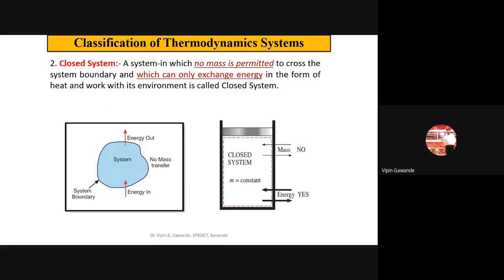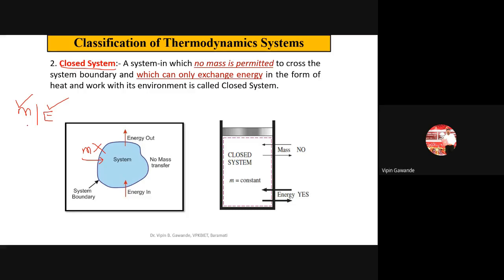Now closed system. What do we mean by a closed system? First of all, we have to consider a system for our study. In a closed system, there is no exchange of mass. We have two things, one is mass, another is energy. In the previous case, we have seen there is an exchange of both mass and energy, that's why we call it an open system.